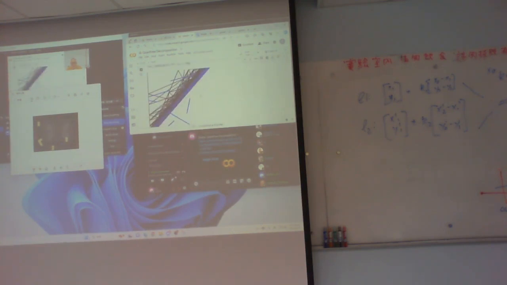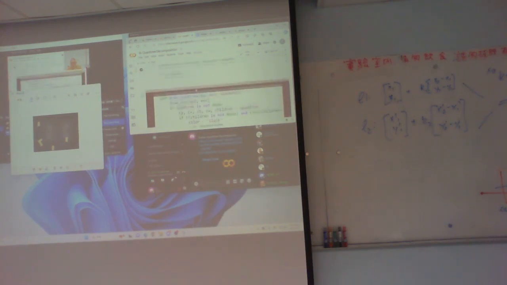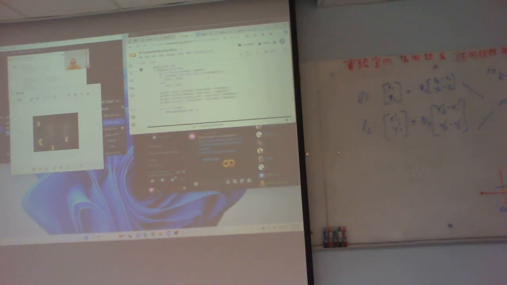How can I even draw that vertical? CX, CY. Oh yeah, so it should be CX, CY goes there because it's the X coordinates and the Y coordinates.